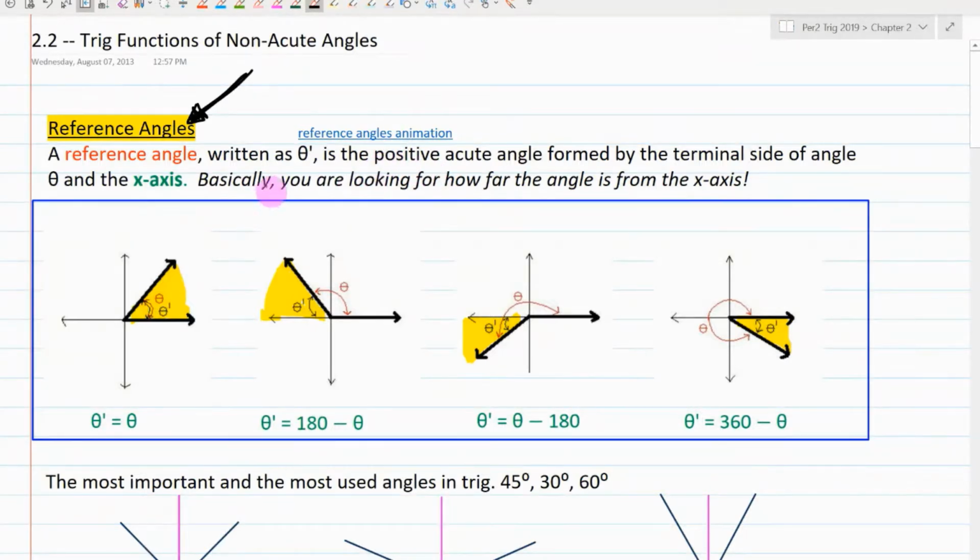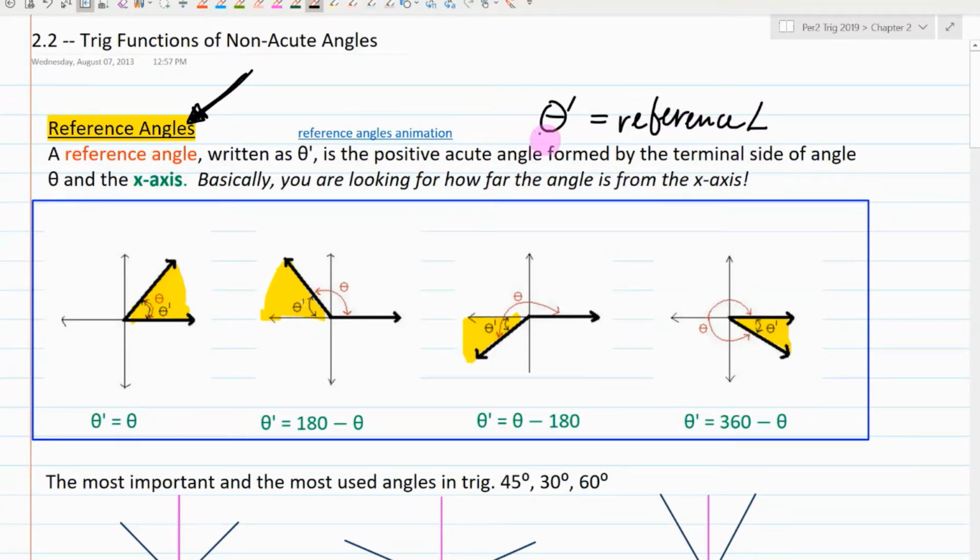So a reference angle, we write it as theta prime. It's just a theta symbol with a little prime, a little dash. Let me rewrite that neater, theta prime, and that's a reference angle.